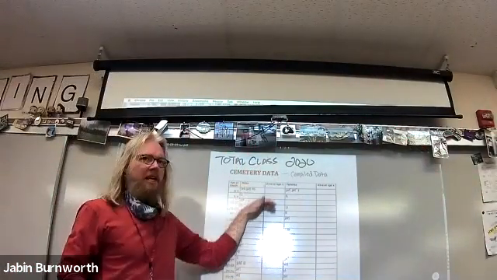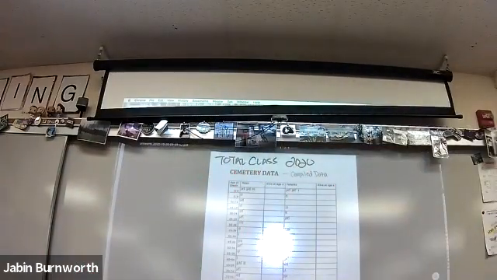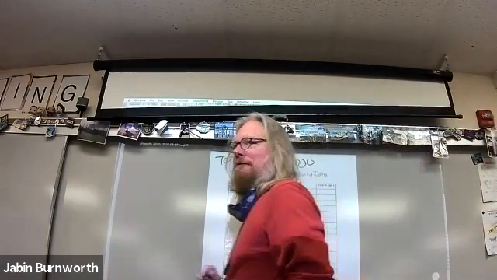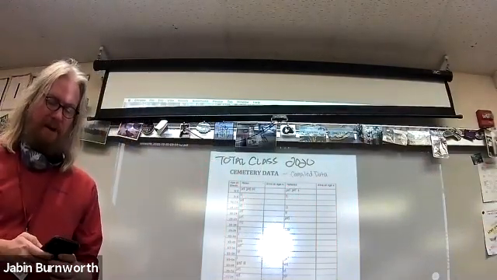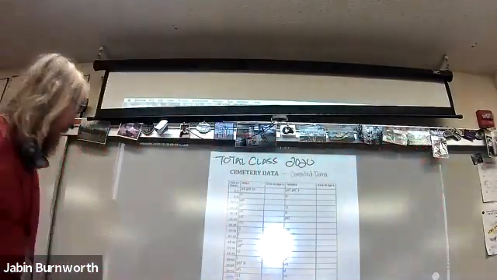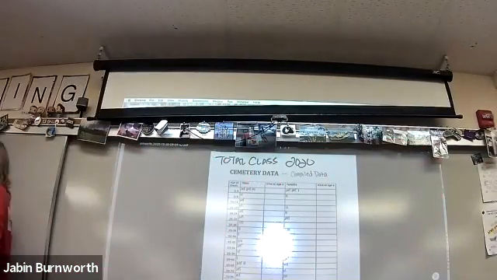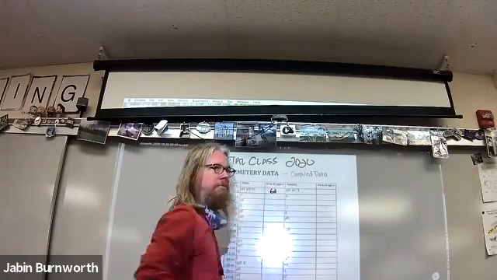We're going to figure out the alive at age X, okay? If we didn't have any dead babies at the cemetery, we would put the number 75 right there, okay? But we don't. So I'm going to take 75 minus 13, and that is 62, okay? So I want you to write the number 62 right here in the 0 to 4, okay?